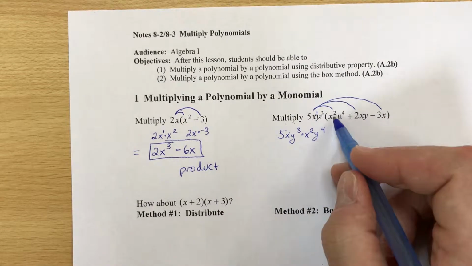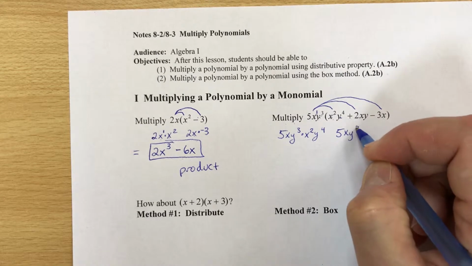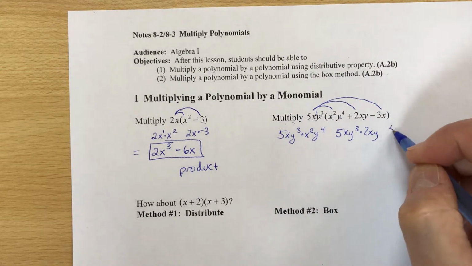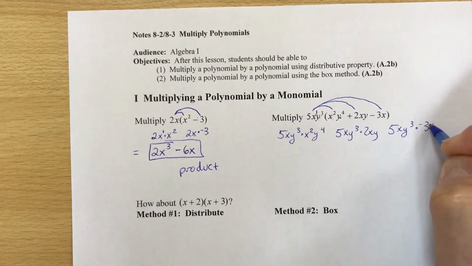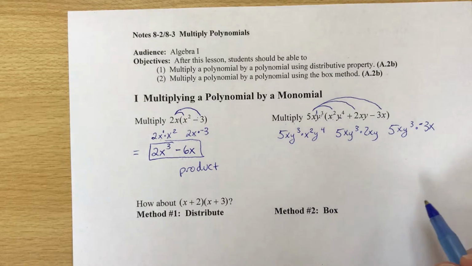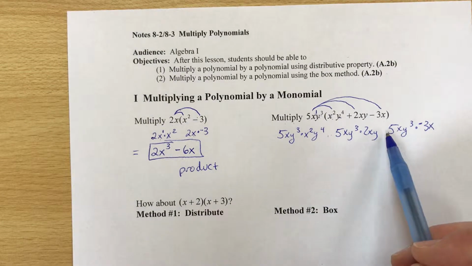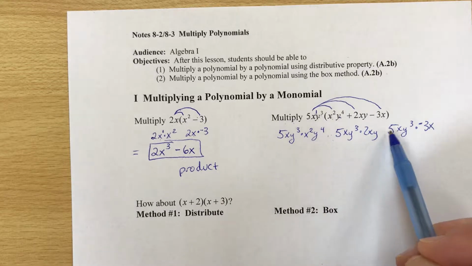So 5x to the third times the first expression, and then it's 5xy to the third times 2xy, and then it's 5xy to the third times negative 3x. Okay, you'll notice that I'm not putting symbols between these, plus or minus. This is a positive 5 here, this is a positive 5.